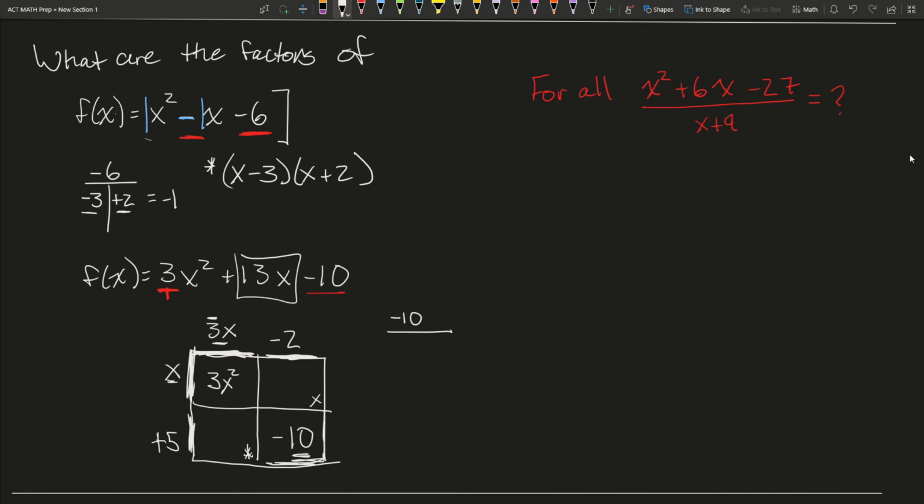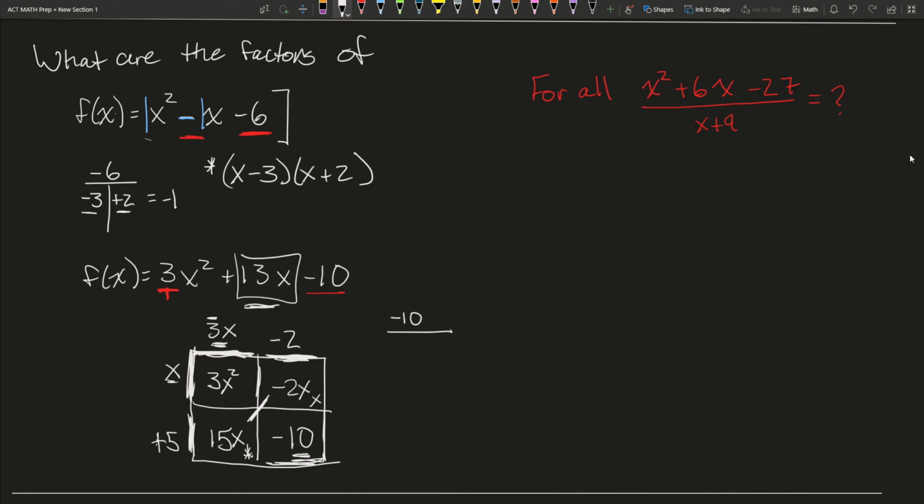So that checks out. Positive 5 times 3x, that's 15x. X times negative 2, that's negative 2x. And then these two boxes add up to positive 13, so our factors check out.